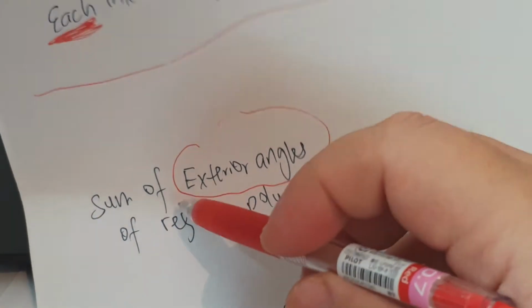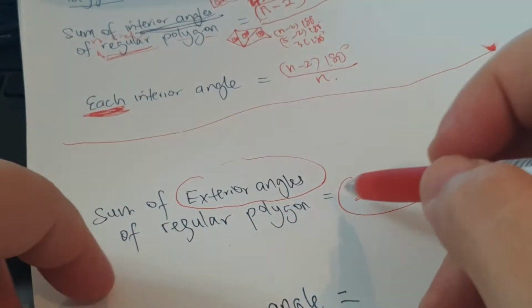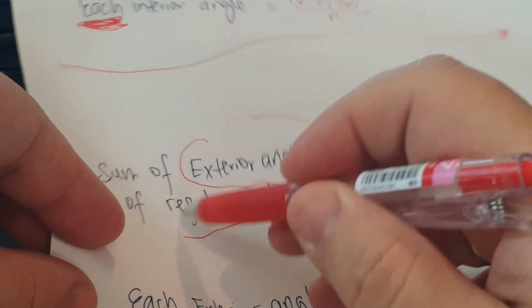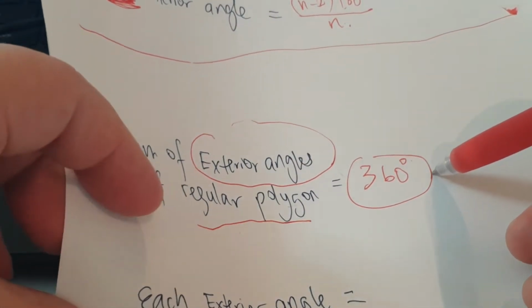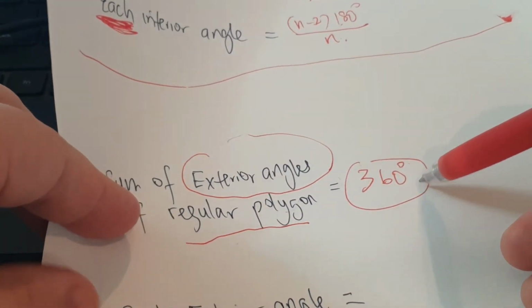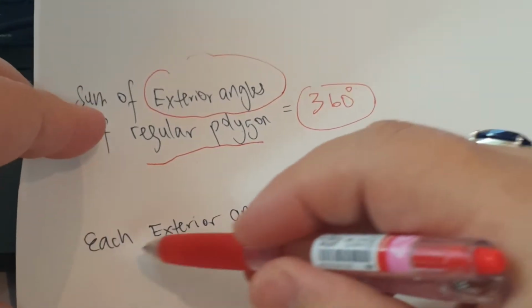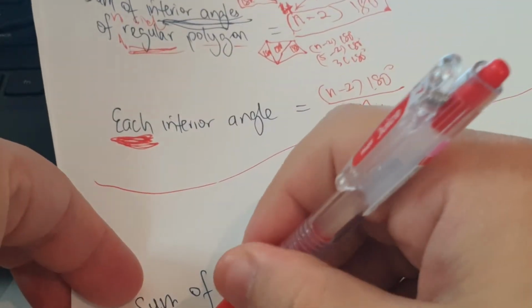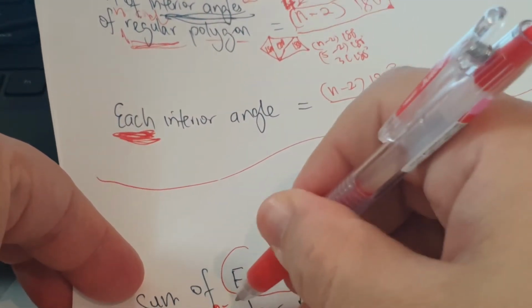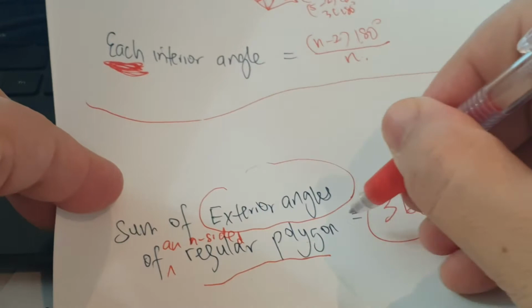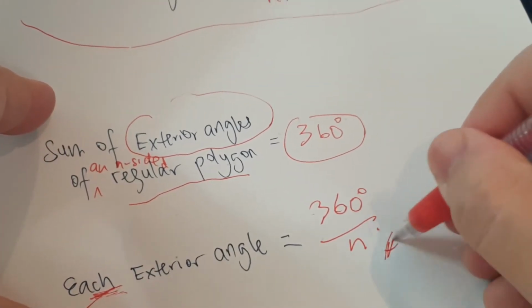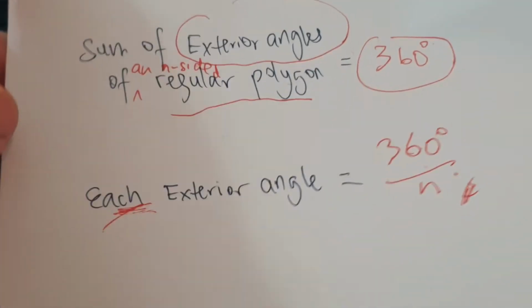When I talk about exterior angles, even non-regular polygons also add up to 360. Now if I want only one, and there are n sides, an n-sided polygon, then it'll be 360 divided by n. This one you learned in kindergarten already. So I think this is clear, right?